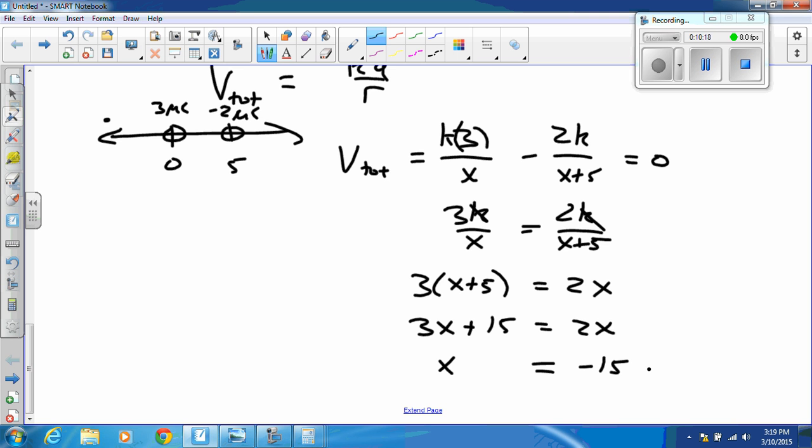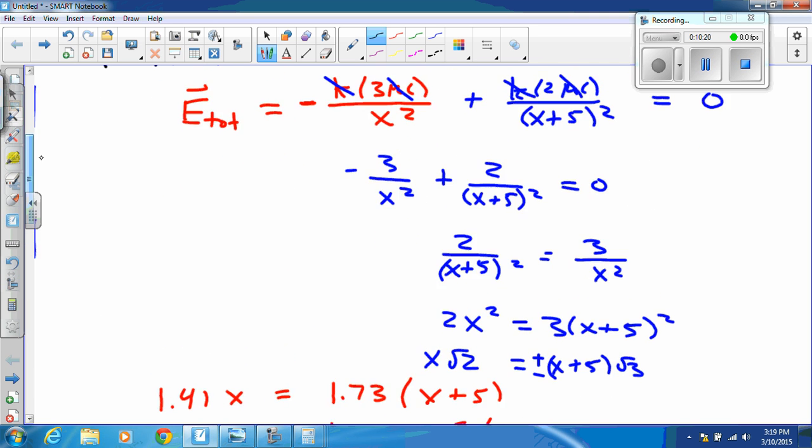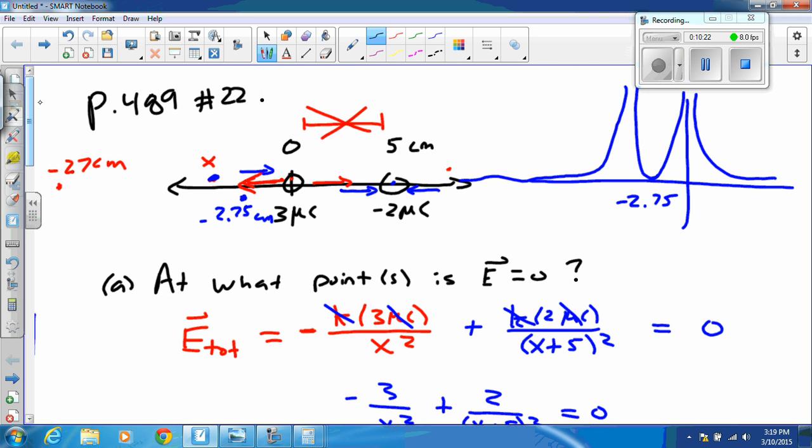So when I subtract 2x from both sides, and I subtract 15 from both sides, I get x equals negative 15 as the point where we have zero potential, right out here. Notice that that was a much simpler computation than for the electric field, which we kind of expected.